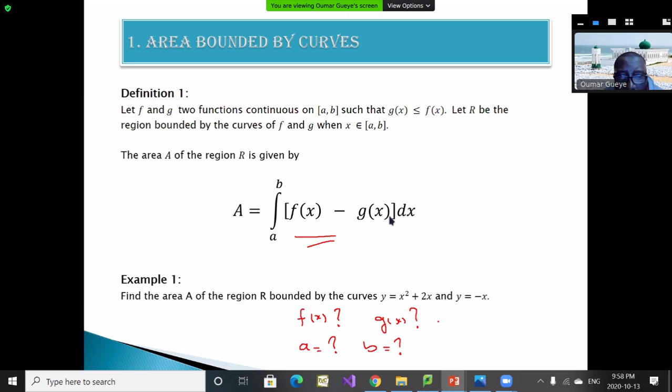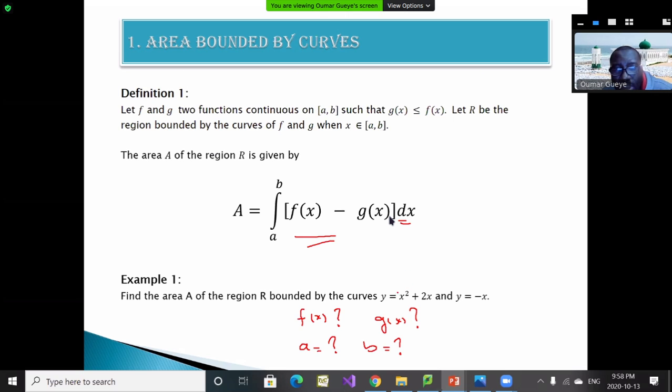Okay. Now I have to find the values of a and b. Since my functions are in terms of x, you can see here the function y depends on x. Here again, y depends on x. So that's why the function is in terms of x. It means I have to integrate with respect to x, to use my dx here.